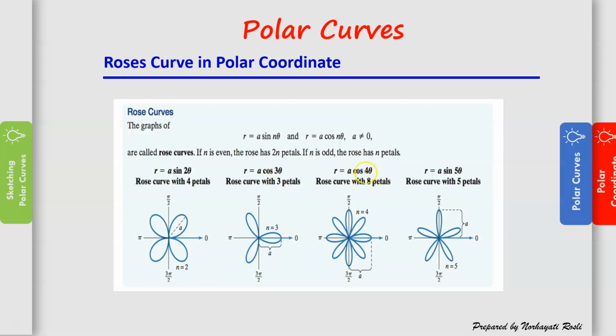In this case, our n is 4, which means we have 2 times 4, so 8 petals. And for the last one, a sin 5 theta, our n is an odd number, equal to 5, which means this is a rose curve with 5 petals.